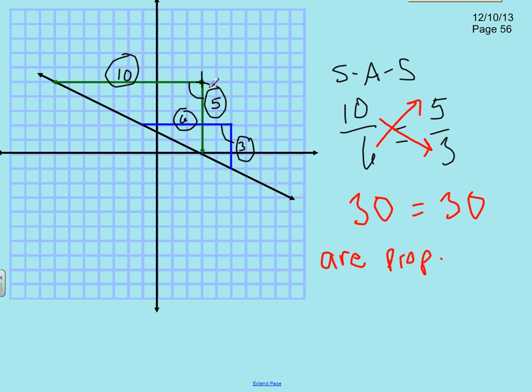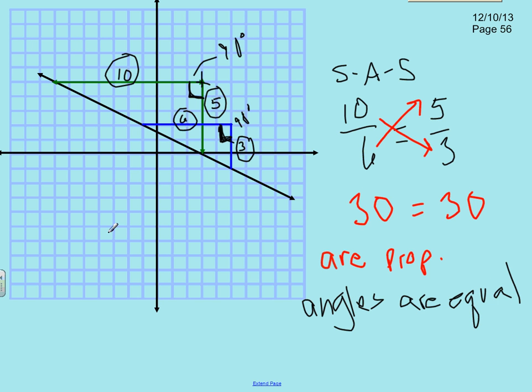And anytime you have two perpendicular lines, the angle between them is a right angle, which we know is 90 degrees. So on both of these triangles, that corner angle is 90 degrees, the angle between the sides that I used to check for proportionality. So because the angles are equal and the sides are proportional, I know that these triangles are similar triangles.